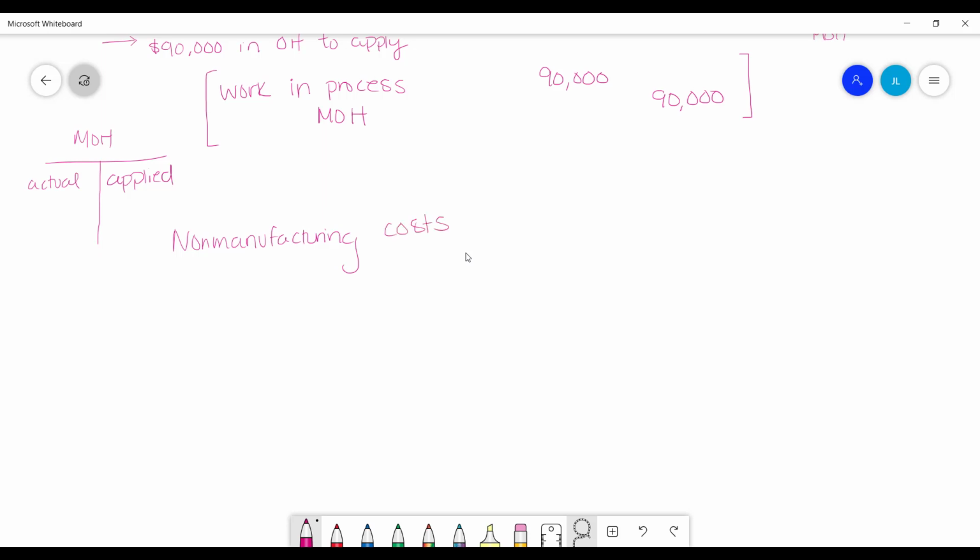So non-manufacturing costs are not assigned to individual jobs. So you won't assign a non-manufacturing cost to a job. Instead, and this is very important to remember, they are expensed in the period that they are incurred.